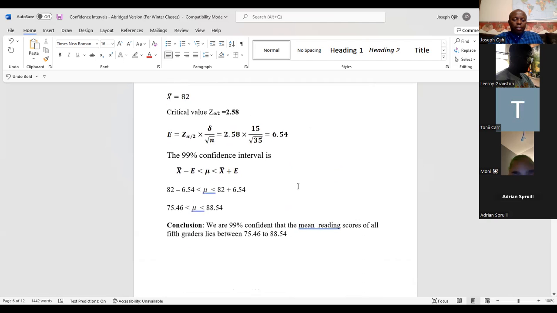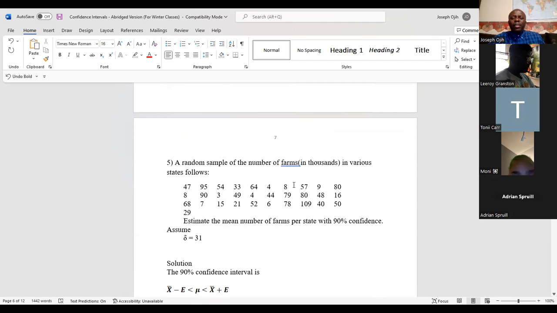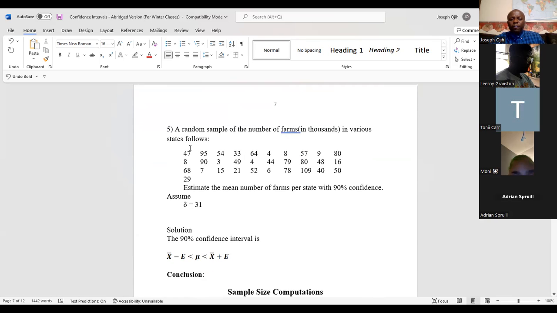Good. Now, sometimes they might ask you the question in a different form. They might give you the raw data, like here. They say, find a random sample of the number of farms in thousands in various states as follows. They give you 47,000 farms, 95,000 farms, and so on. So estimate the mean number of farms per state with 90% confidence.